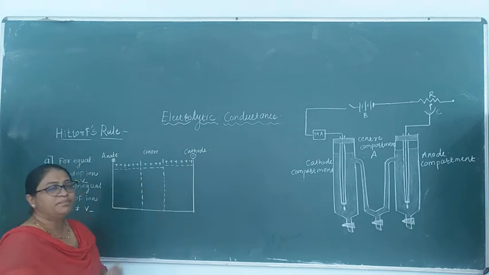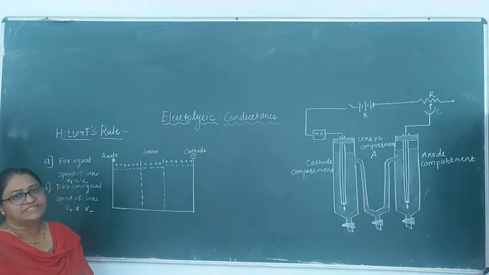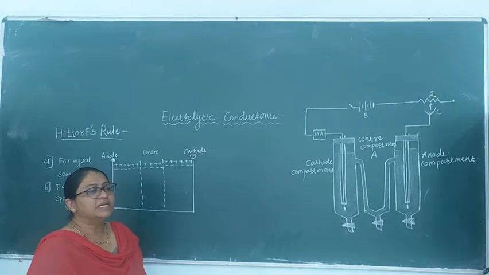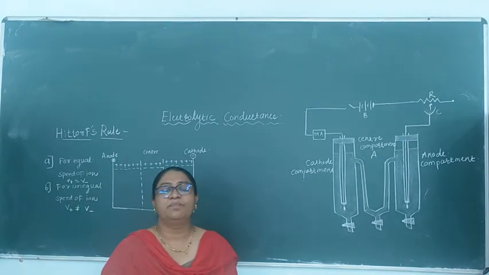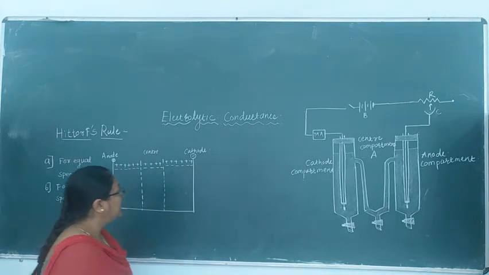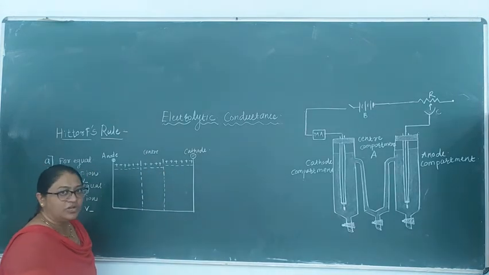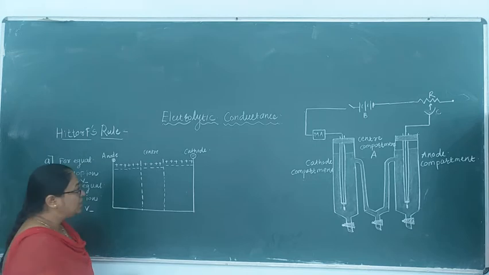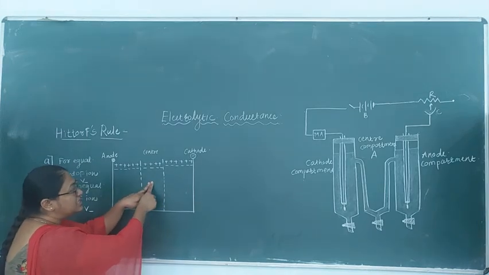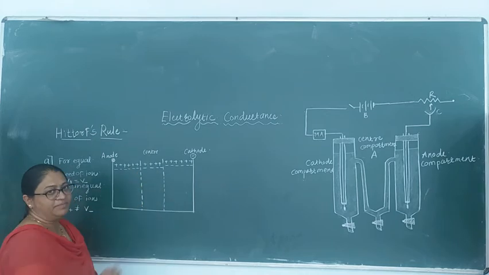While in the central compartment, 4 positive and 4 negative charges are there. As I have told you, the concentration changes take place in the vicinity of the electrode. That means the concentration of the cation or anion will change in these 2 compartments only. There will be no change in the concentration of the central compartment.